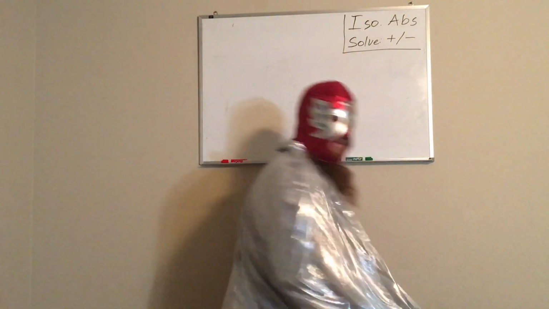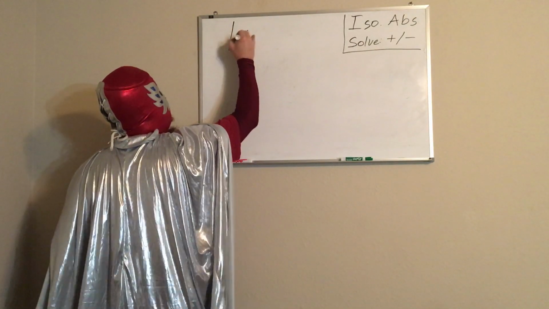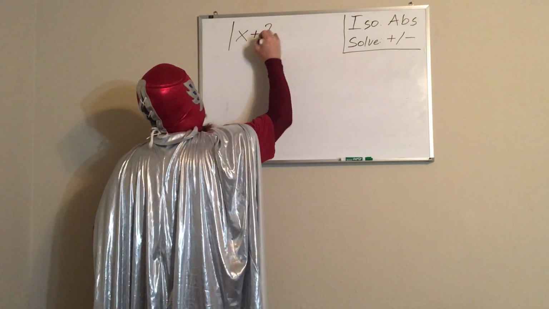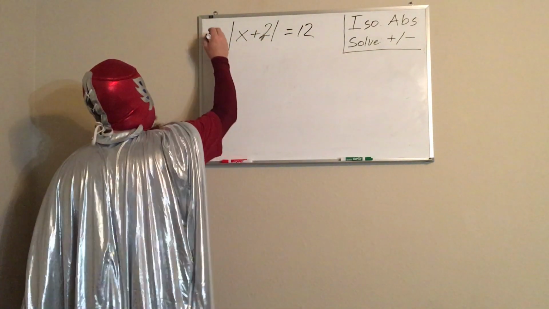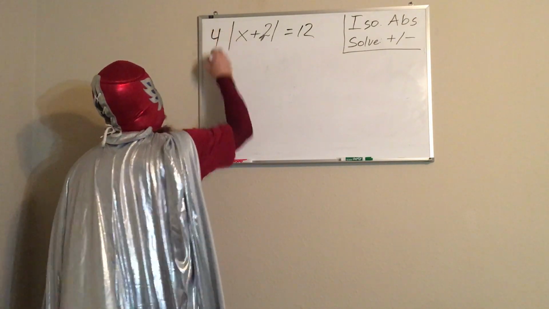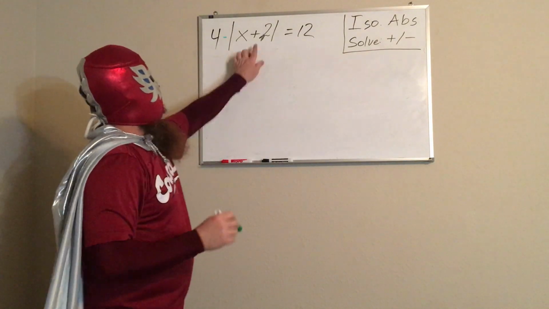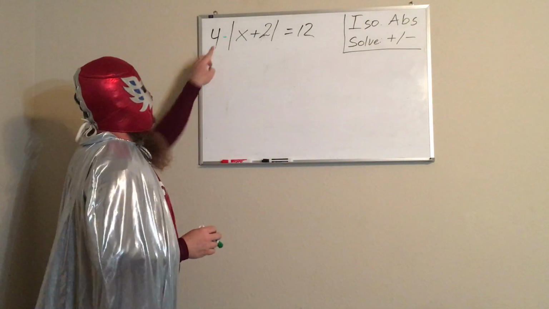And now for a problem that Mr. Sargent could never handle, because this problem has a coefficient. Notice that this problem is being multiplied by a coefficient of 4. There's a 4 out in front of these absolute values that is a coefficient.